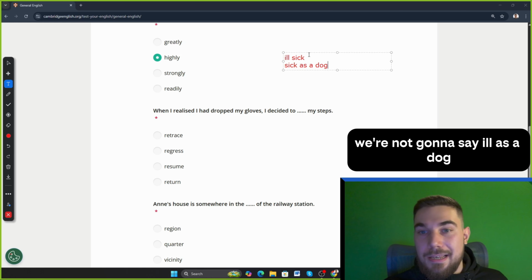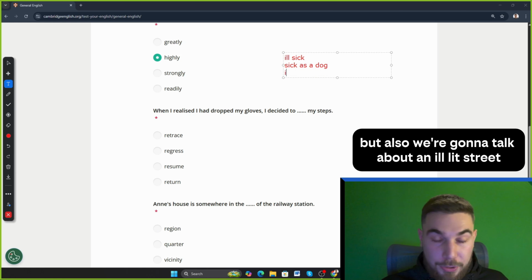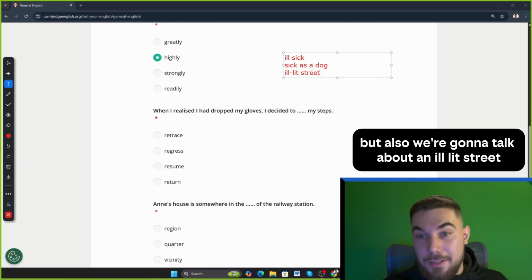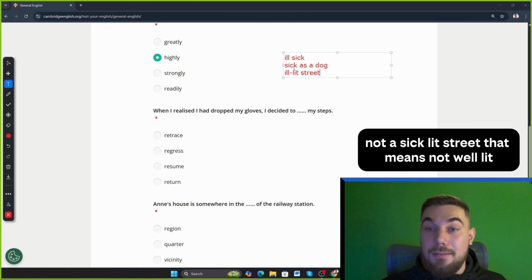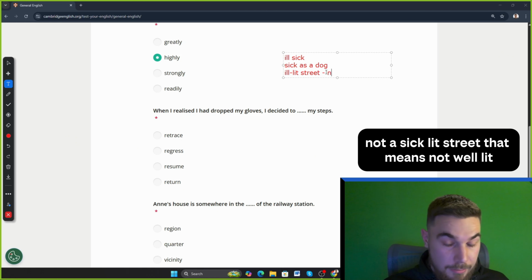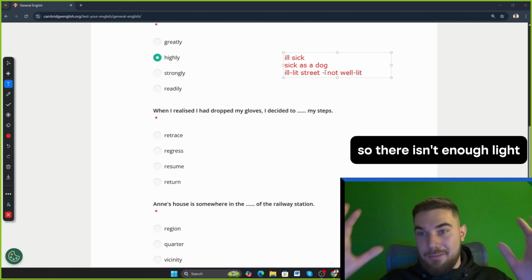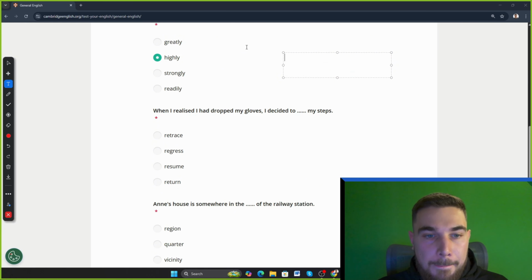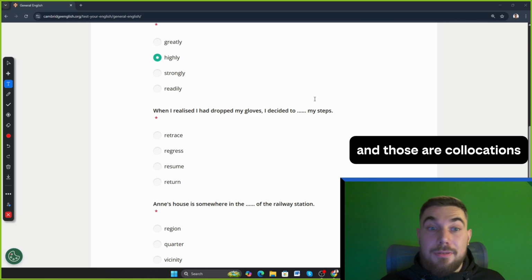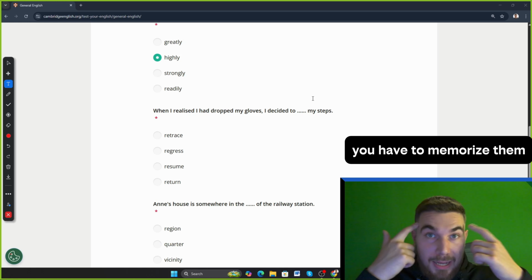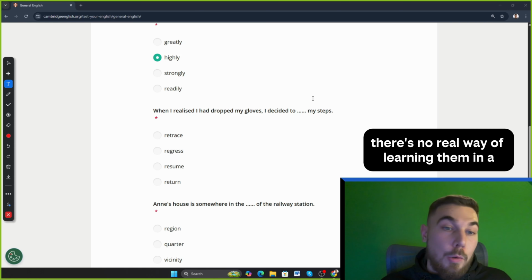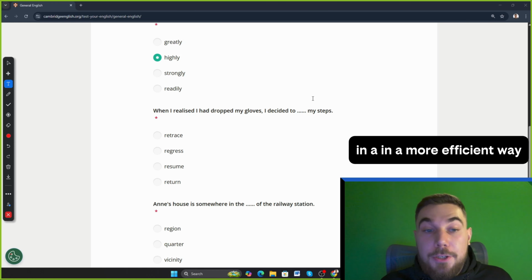We're not going to say ill as a dog, but also we're going to talk about an ill-lit street, not a sick-lit street. That means not well lit, so there isn't enough light. And those are collocations. So you have to learn them by heart. You have to memorize them. There's no real way of learning them in a more efficient way.